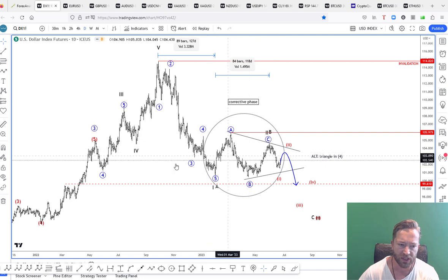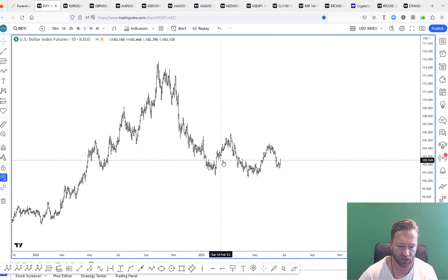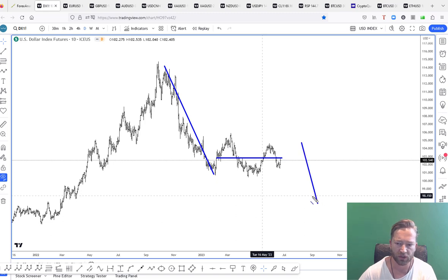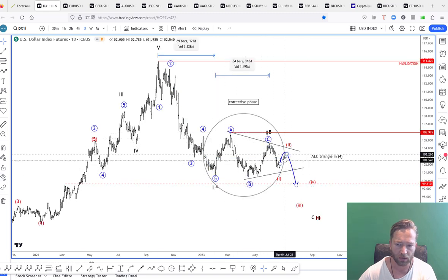You can clearly see that this is very sideways price action, while previously we had a very strong drop here. So in my opinion, sooner or later this weakness that we have experienced here at the end of 2022 will resume. Maybe this will come after a triangle in a wave 4, which is, by the way, a continuation pattern.